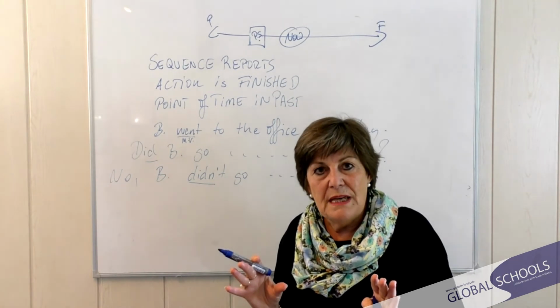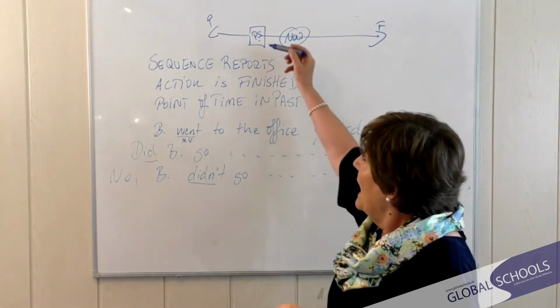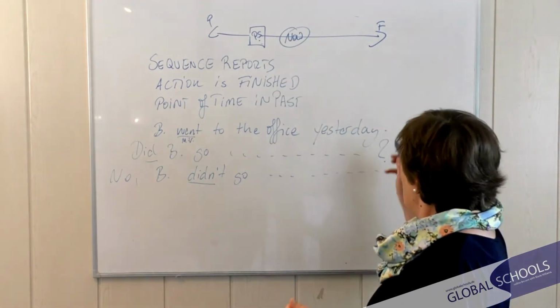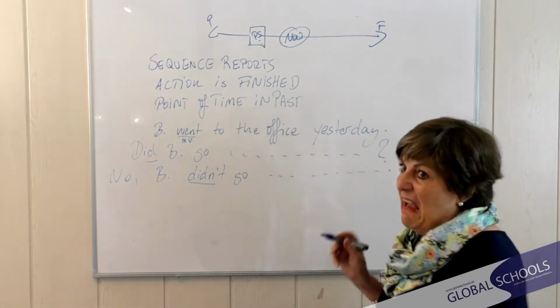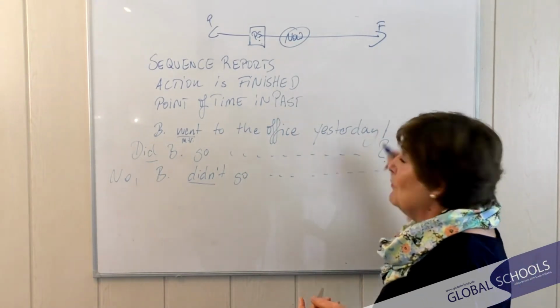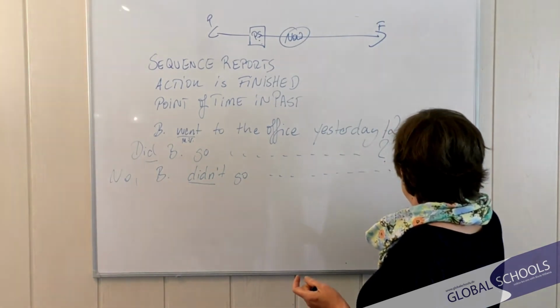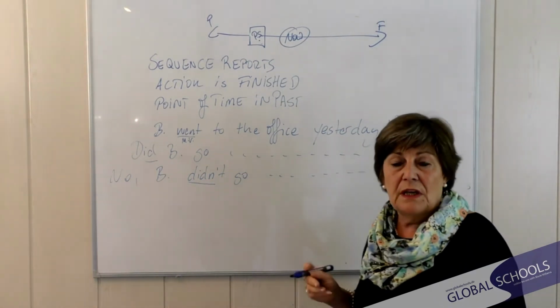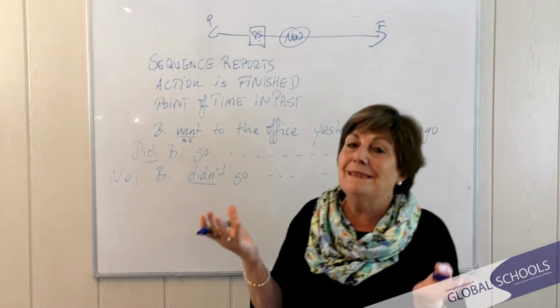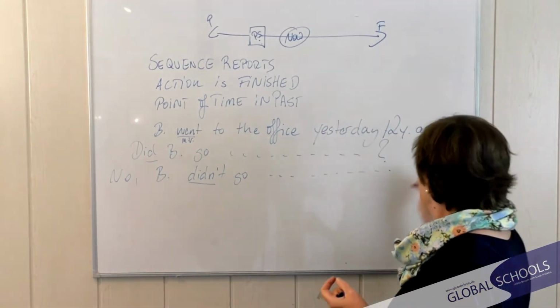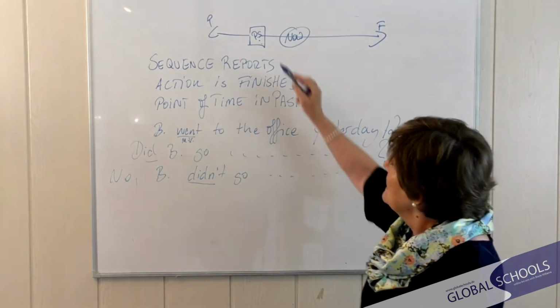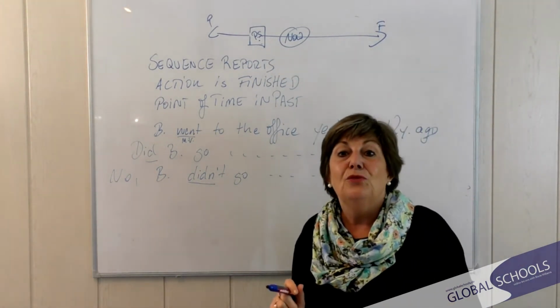The most important thing is that the action is over, and usually you can add yesterday or a point of time, or not. It's irrelevant. 2 years ago, for instance, you can say 2 weeks ago, 2 days ago. Ago is the key because it shows the action is finished.